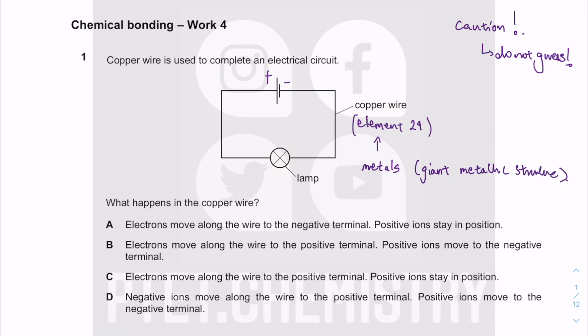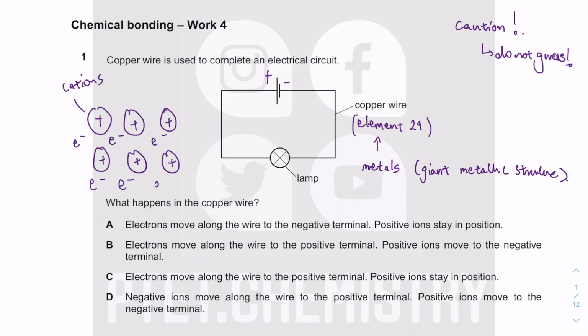When you imagine a giant metallic structure, you would have the cations. I'm not saying that it's definitely a singly positive charge. I'm simply saying that these are cations, the charge of which you will probably find out that copper tends to form the copper 2+ ion, and then you will have a lot of electrons, and these electrons are the delocalized valence electrons.